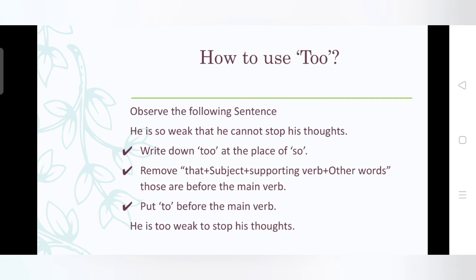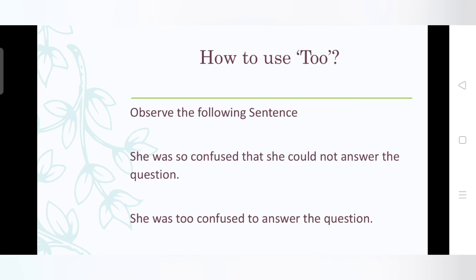Now, look carefully, watch it carefully, try to remember all the regulations, all the rules, all the general things which we are looking at. Next is, observe the following sentence which is given here. She was so confused that she could not answer the question. See, this is the sentence.